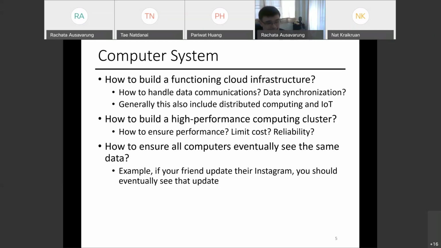Eventually, the server in Singapore or Thailand needs to have that recent version of the profile. You need to think about what's going on inside to make sure everything is synchronized and in the same order.